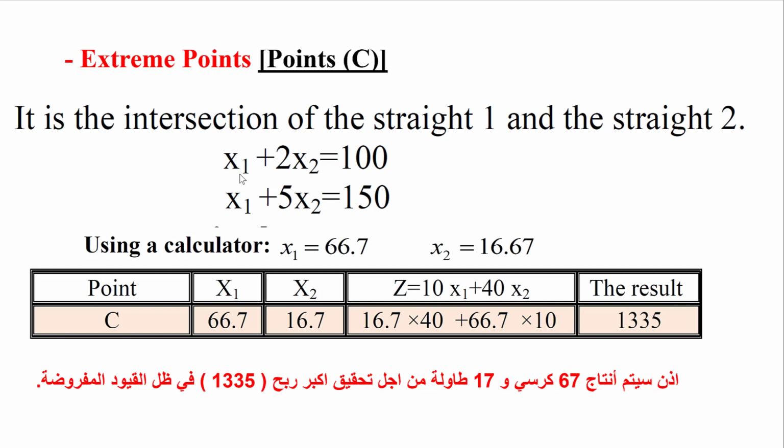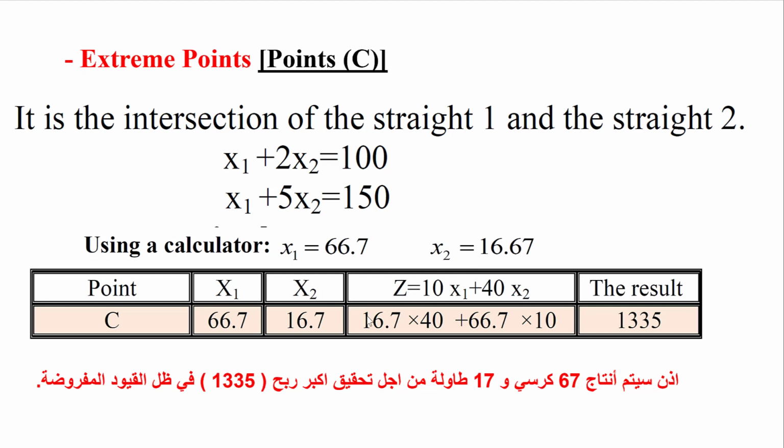Or we can say x1 equals 100 minus 2x2 and substitute in the second equation: 100 minus 2x2 plus 5x2 equals 150, and we can solve it easily. So x1 will be 66 and x2 will be 16.